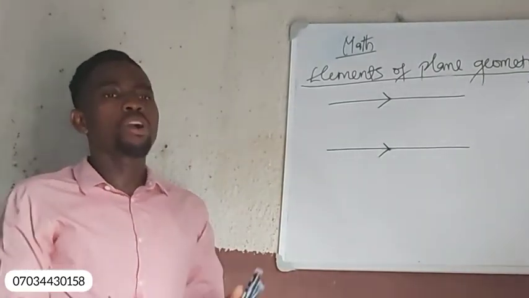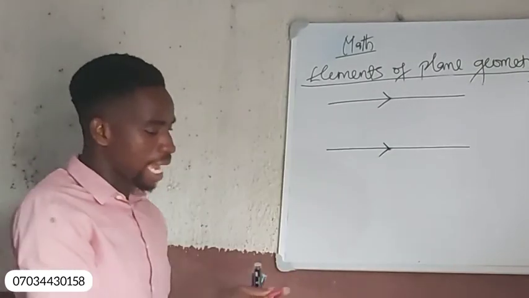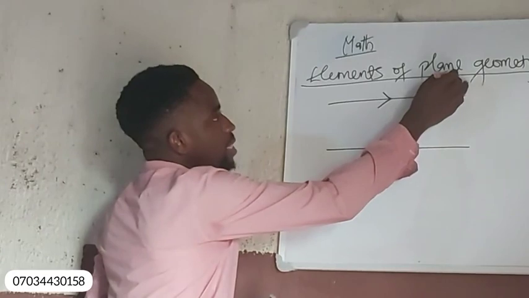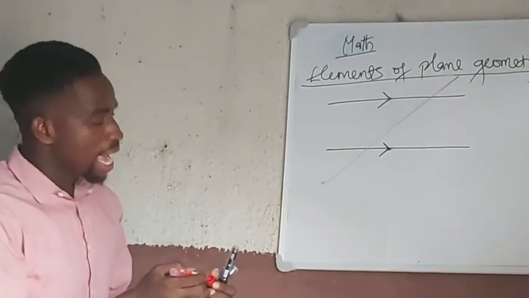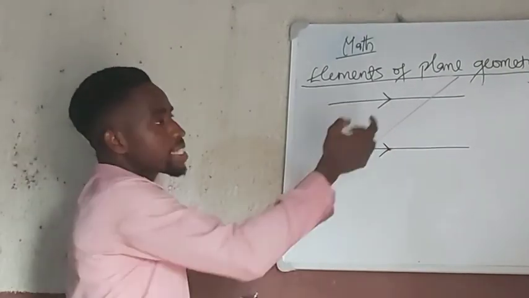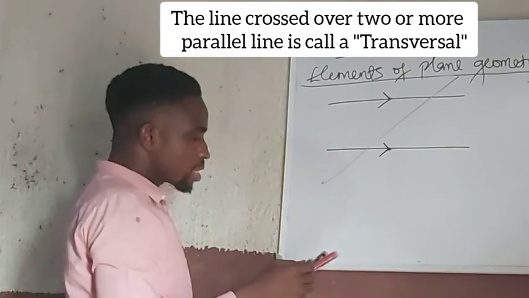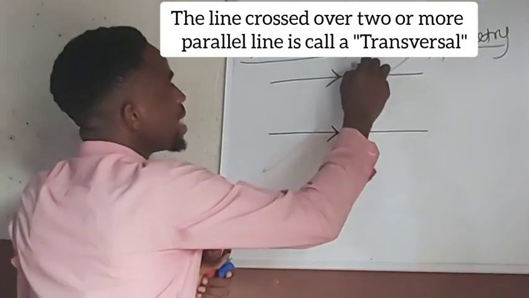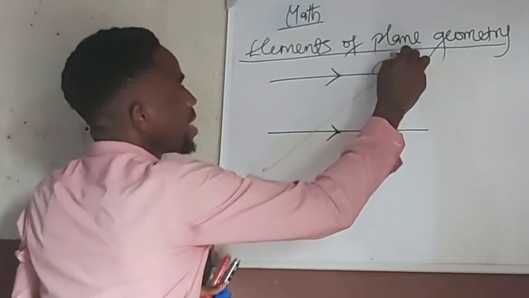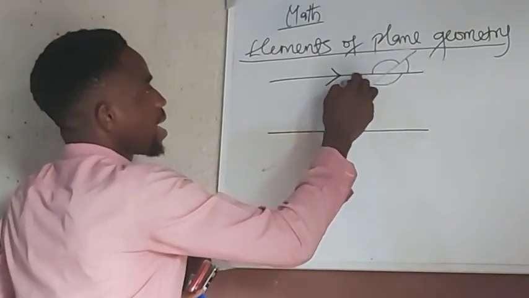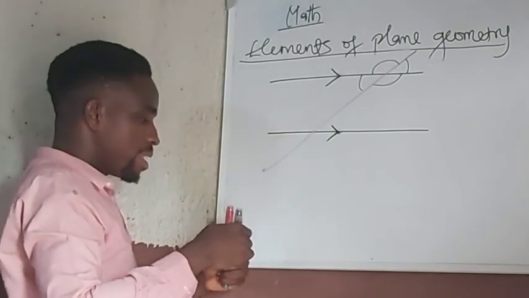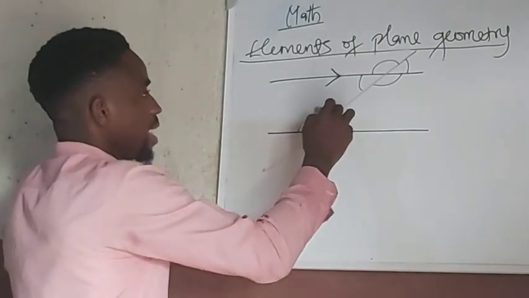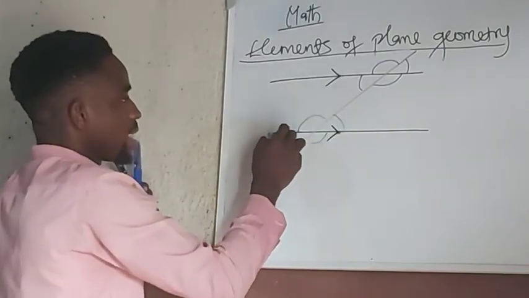Now, let me cut these lines with a single line, which I will call a transversal. So I will transverse these lines, and then you will see angles being formed on them. I will have an angle formed here, here, here, and here. Similarly, angles are formed here, here, and here.